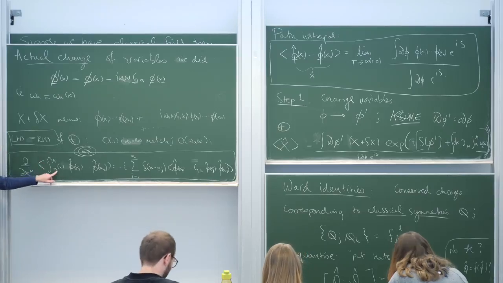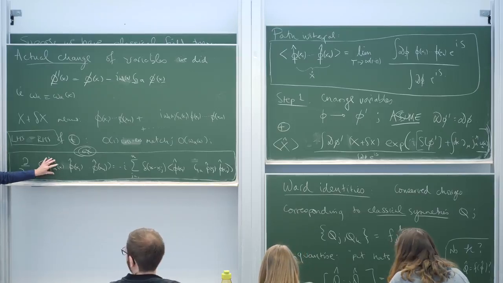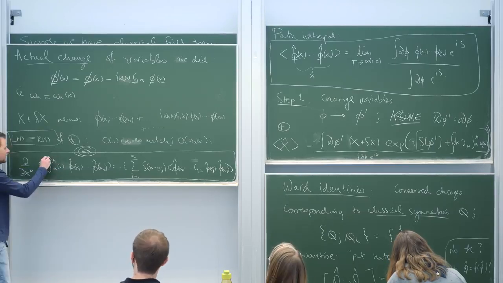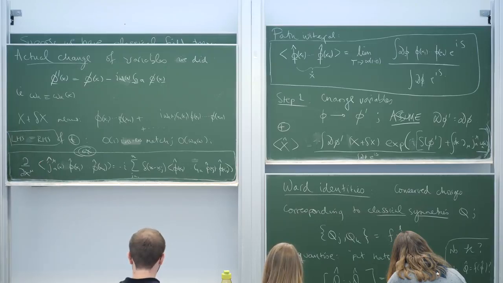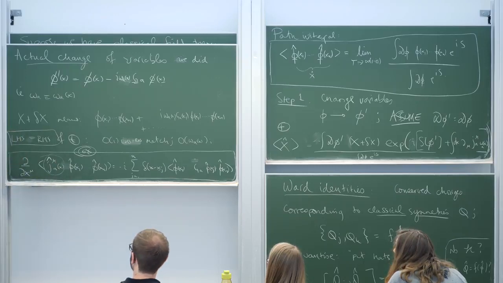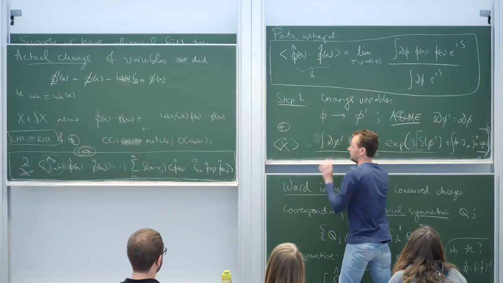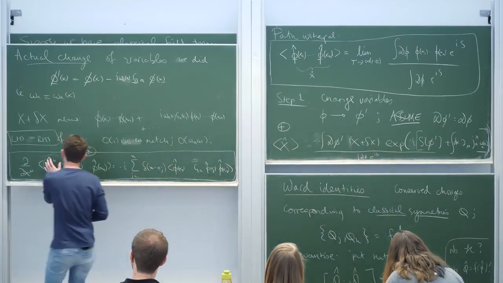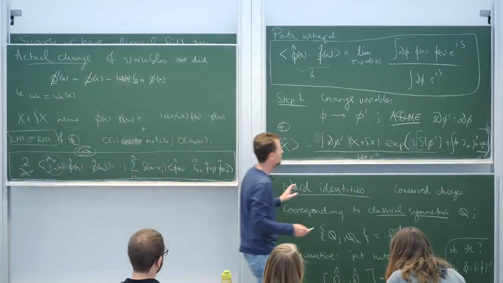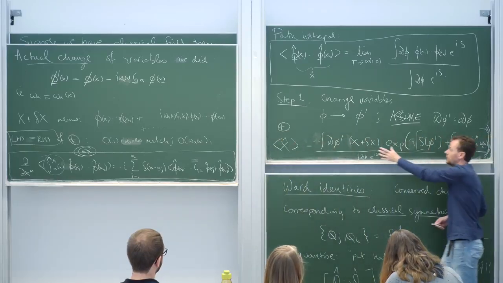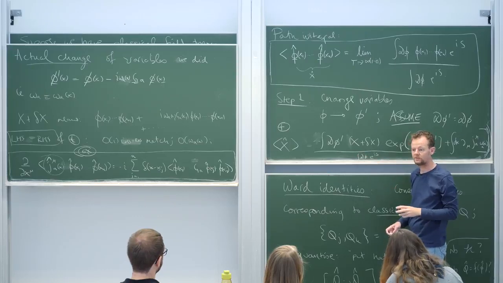And J hat of mu, of a, that's some expression in terms of the classical fields, but then you stick it in the path integral, and that's the equivalent of putting a hat on the fields inside that current there. So this is where this operation is defined. If you just look at this expression here, J hat is that operator that results from this expression in a path integral. So if you like, that's the definition of J hat.